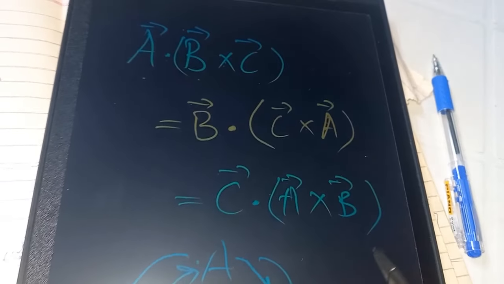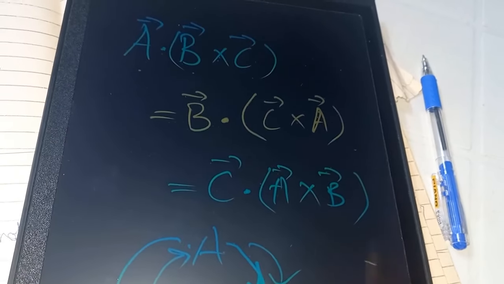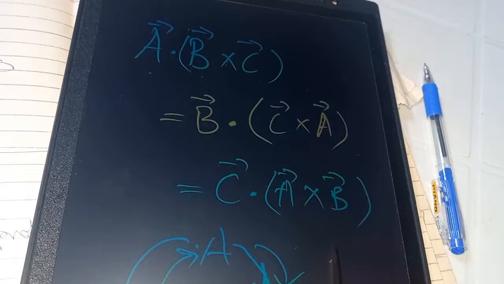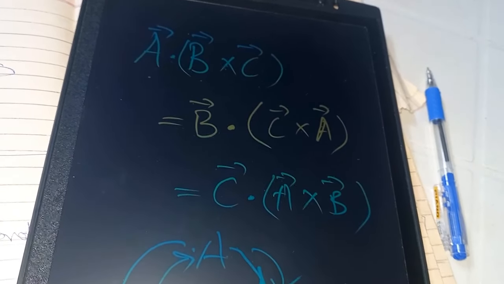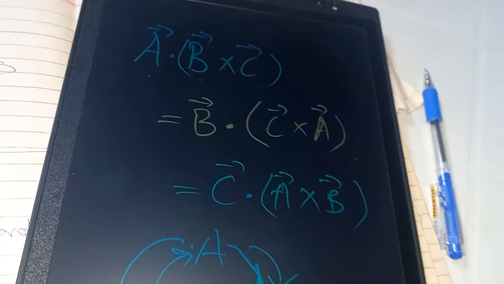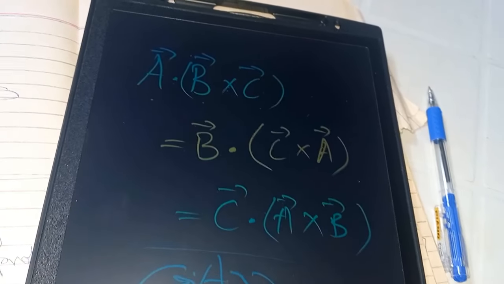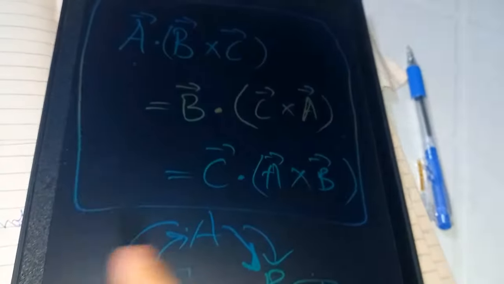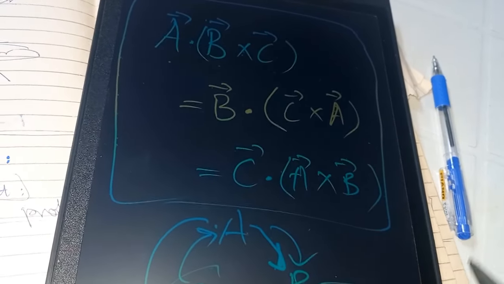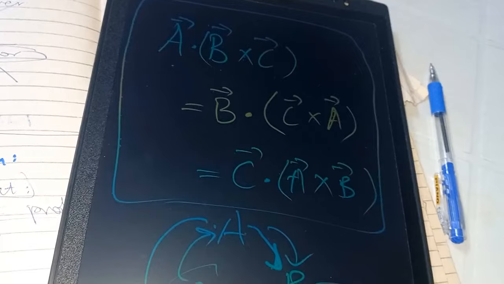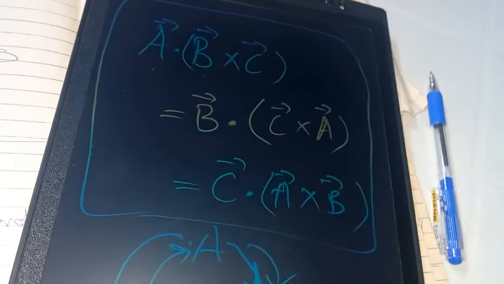Okay, this is the scalar triple product, and these are scalar quantities, and these three are equal to each other, and you can use this rule to interchange the position of vectors. This property is used onwards in solving the problem to derive some required forms.